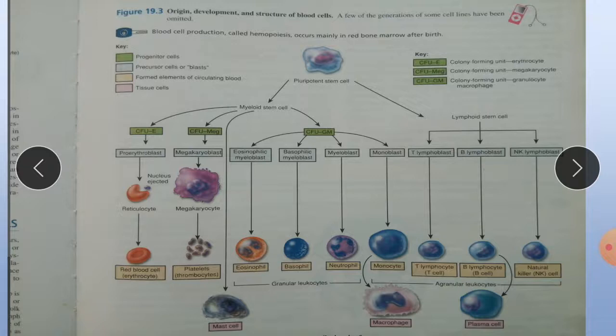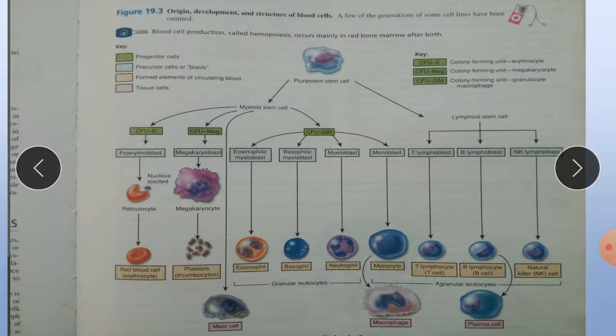Although the various stem cells have distinctive identity markers in their plasma membrane, they cannot be distinguished histologically and resemble lymphocytes. During hemopoiesis, some of the myeloid stem cells differentiate into progenitor cells.